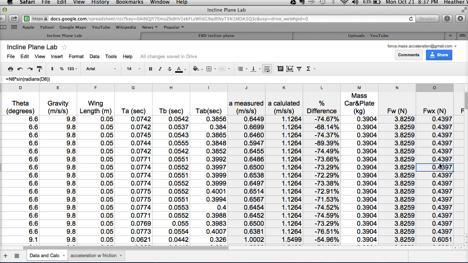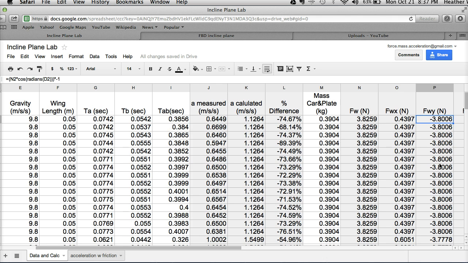And then we did the same thing in the y direction. I made it negative here because it's in the opposite direction of our normal force, which is in the positive direction. So the force of weight in the y direction is negative, and the only difference was the change in our trig function, so that's cosine instead of sine.